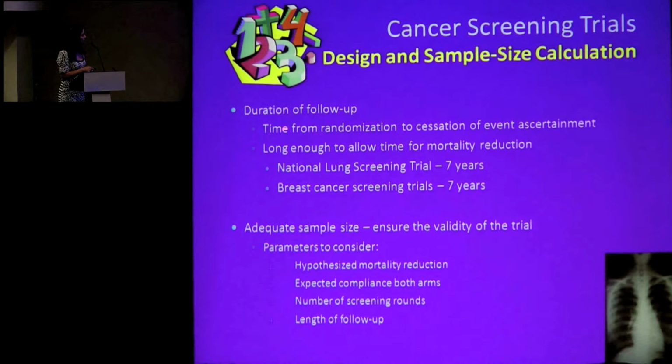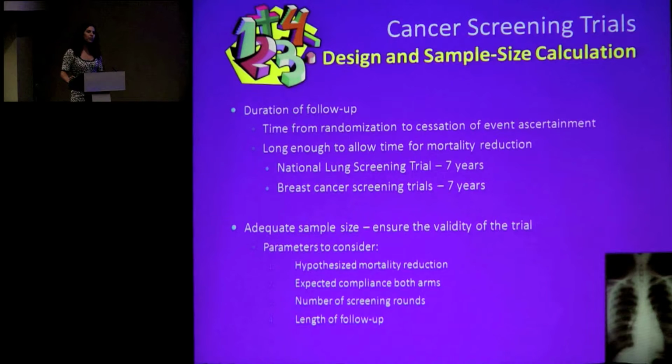So for example, you have to make sure that it is long enough to allow for time for mortality reduction if that is your outcome. And for example, a couple of clinical cancer screening trials in the area of lung cancer and breast cancer have followed up their participants for more than 7 years to make sure that they have enough time to see the outcomes of interest.